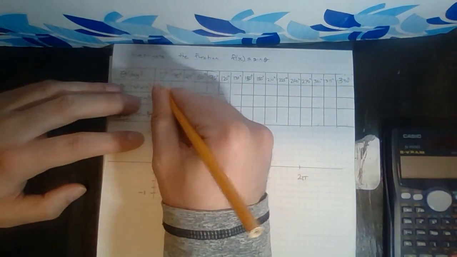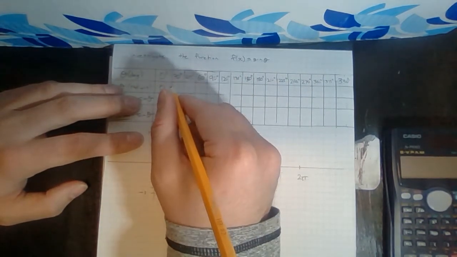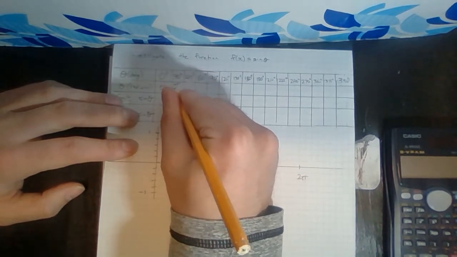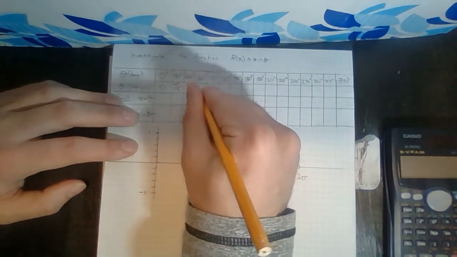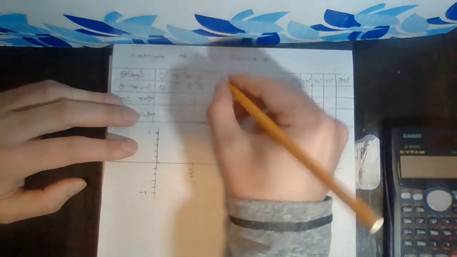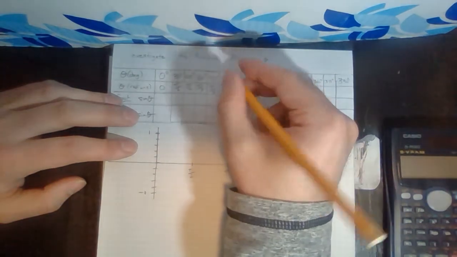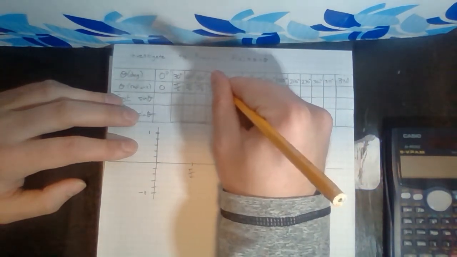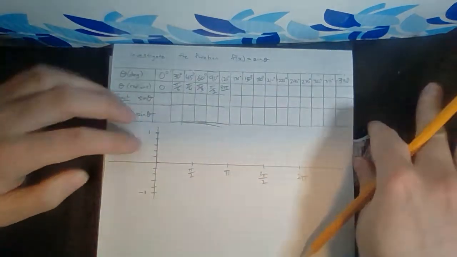So 0 degrees is going to correspond with 0 radians. 30 degrees is pi over 6, 45 is pi over 4, 60 is pi over 3, 90 is pi over 2, 120 is 4 pi over 6, or 2 pi over 3.